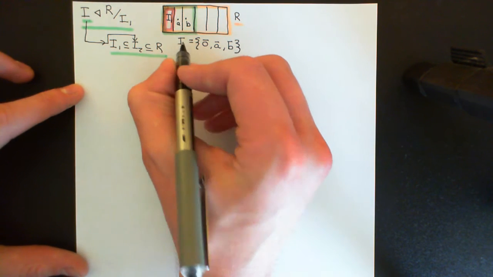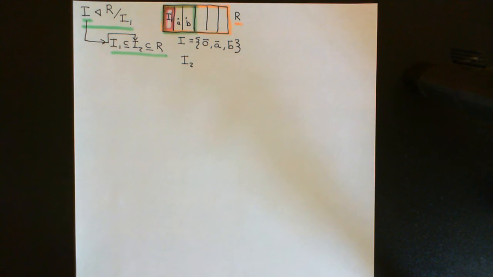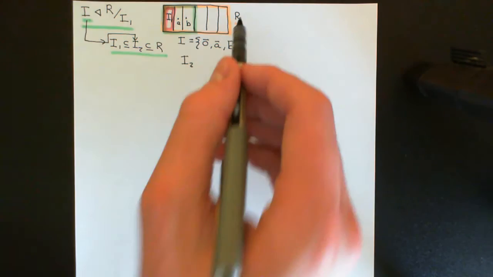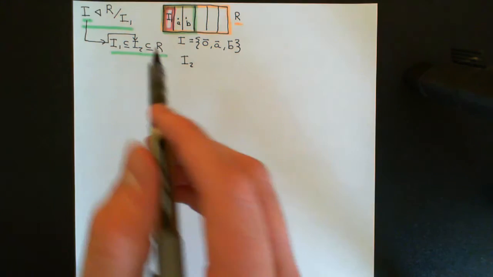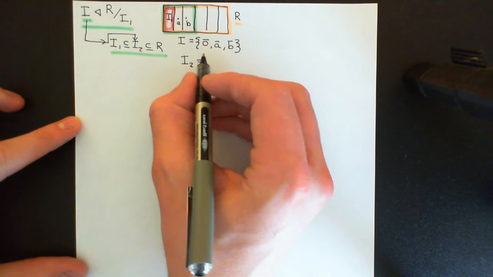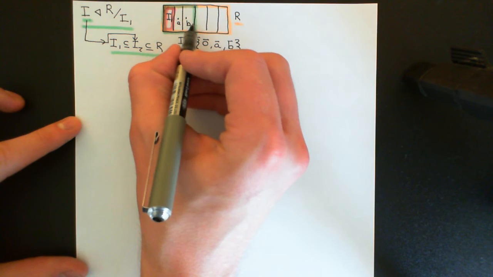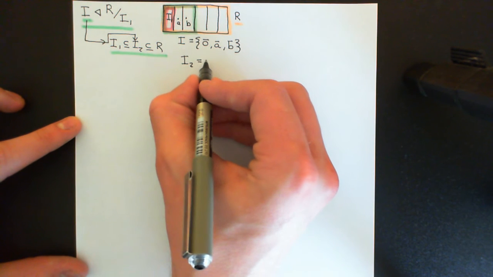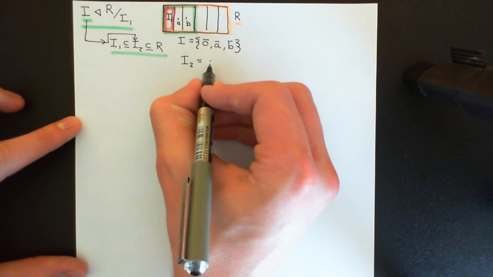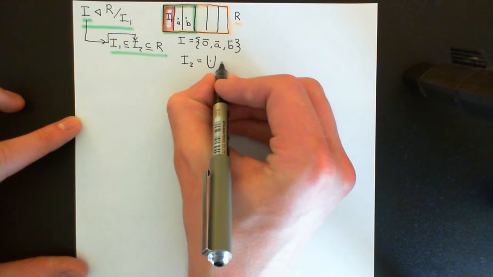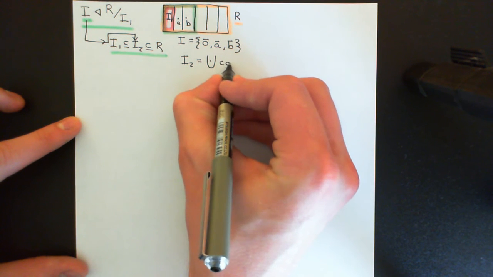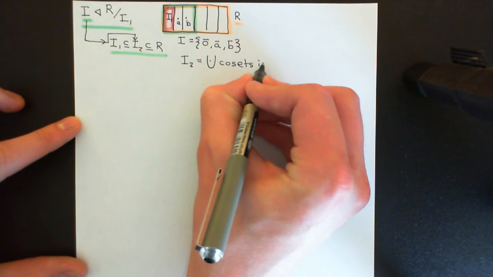So this ideal capital I is an ideal of the quotient ring, so its elements are cosets, not the actual elements of the ring capital R. Now, I2 is going to actually be an ideal of R, so it's going to have to contain elements of R, and the way we're going to get it is we're going to union together all of the cosets that are in I. So I'll just write this like so: union, and then all of the cosets in I.